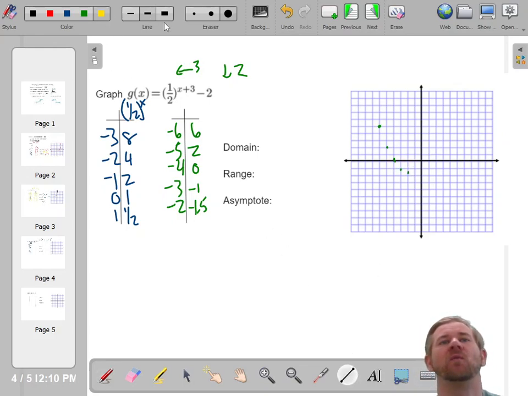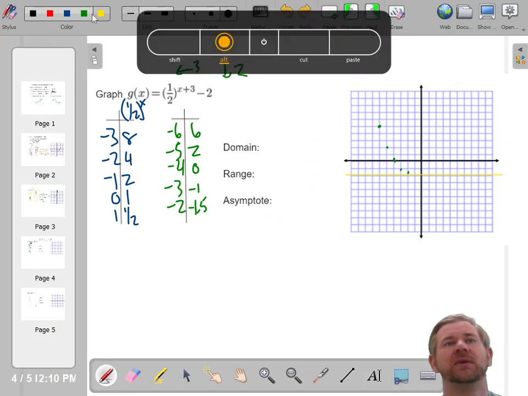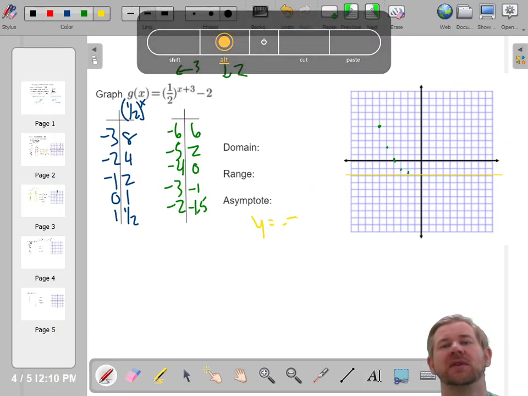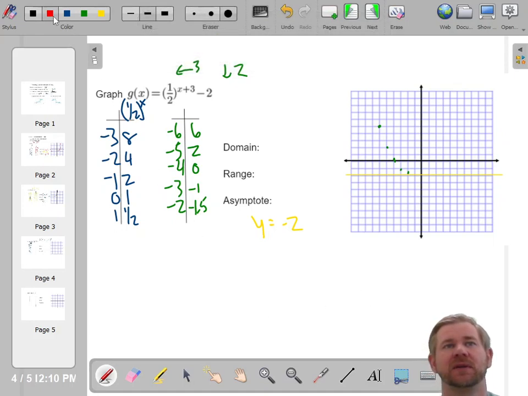Again, the horizontal asymptote went down 2. So since it was a vertical shift of down 2, y equals negative 2 is the asymptote. So when you draw it, just keep that in mind. It's going to look like this. So this is a decay problem. And I know it's a decay problem because 1/2 is less than 1.